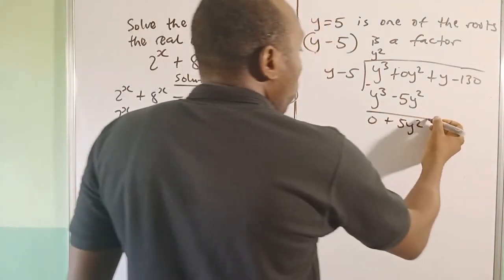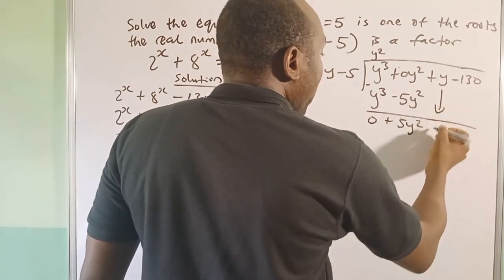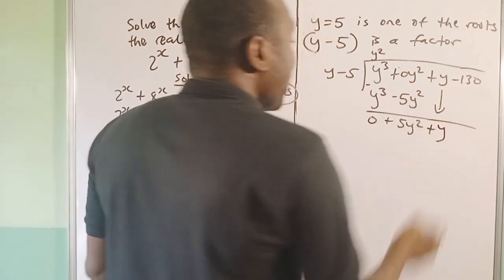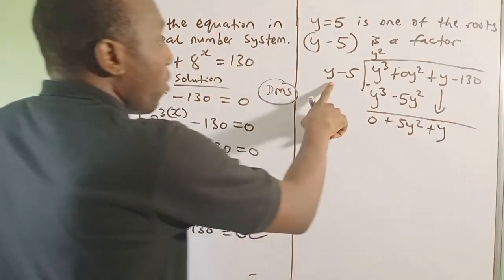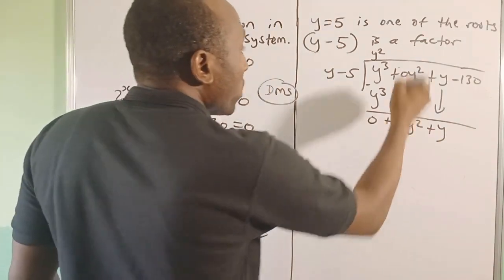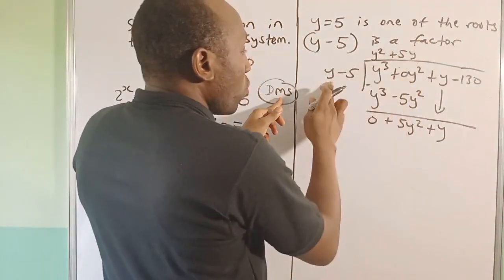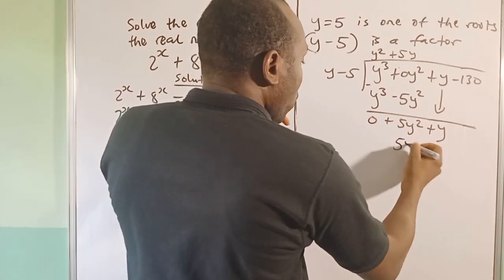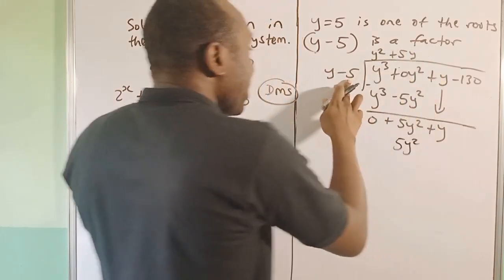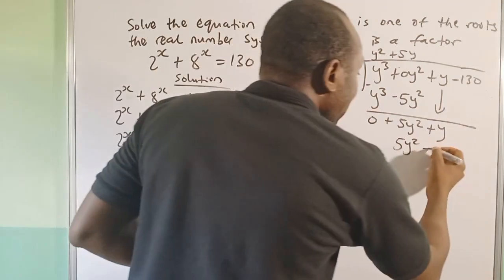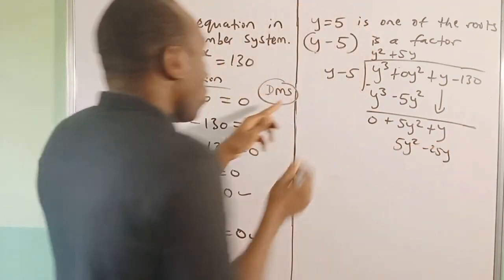Okay. Now we need to bring down this y. That's plus y. And then we divide again. Y into 5y squared is plus 5y. Then we multiply. 5y times y is 5y squared. Write it under here. 5y times negative 5 is negative 25y.